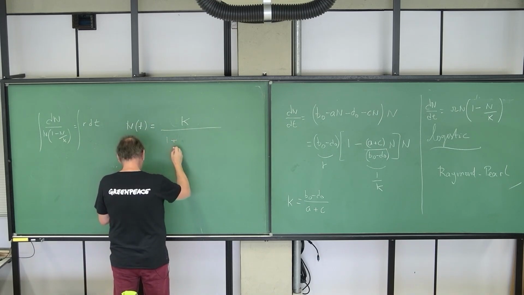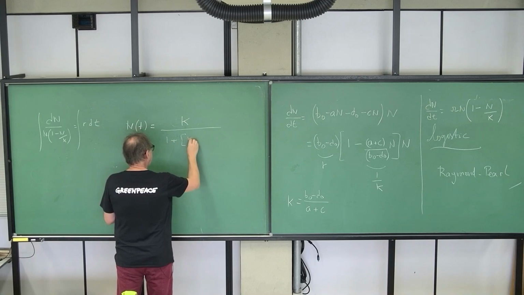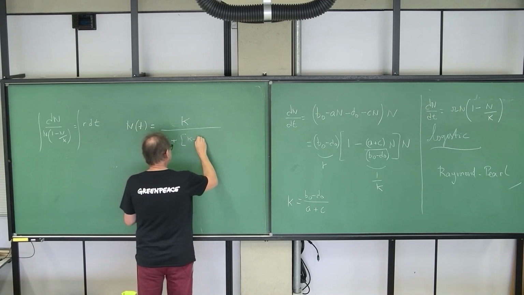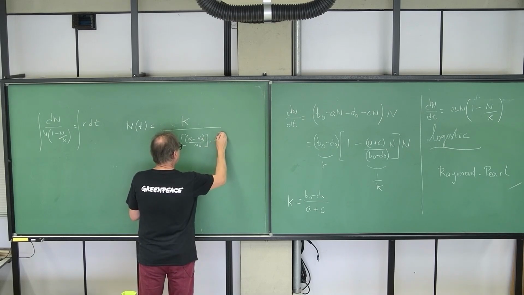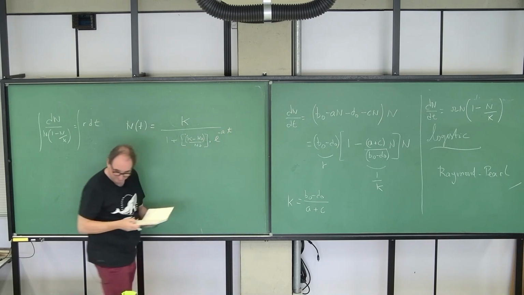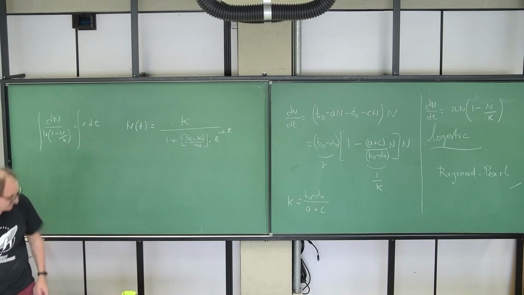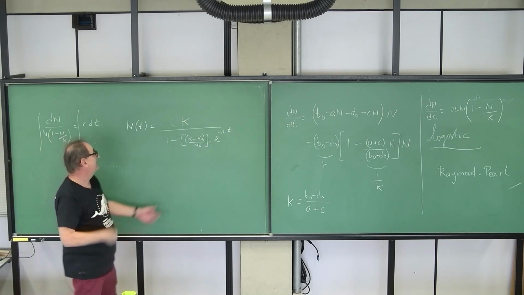1 plus (k minus n0) divided by n0 times exponential of minus r t.